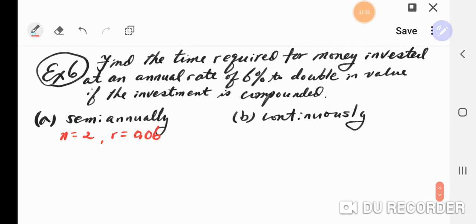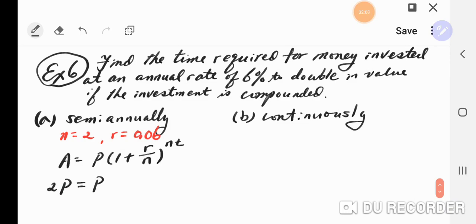So let me write a formula for this one. You compound semi-annually, so we will use the second formula. The total amount will be the principal times 1 plus r divided by the number of times per year, and the exponent is nt. We want to find out the time so that the principal will be doubled. So this amount A will be doubled, so it will be 2P.